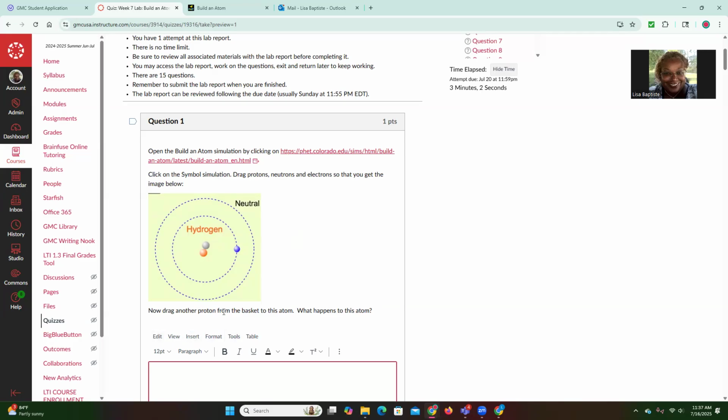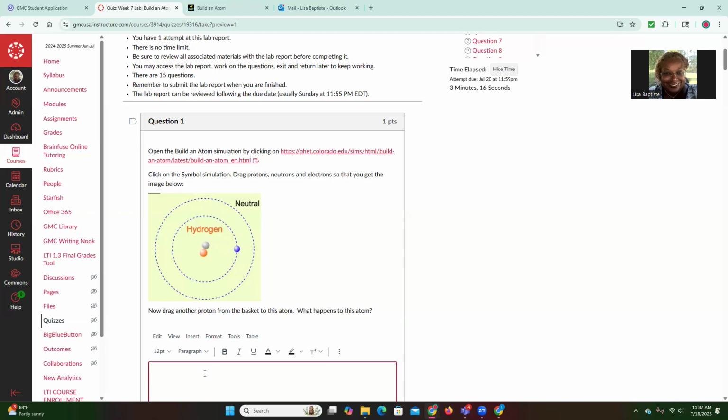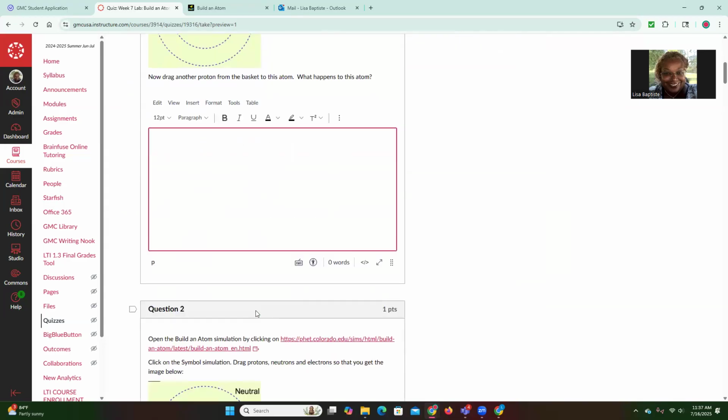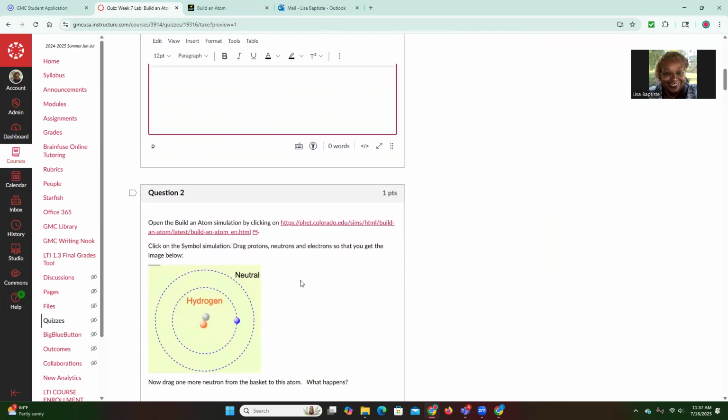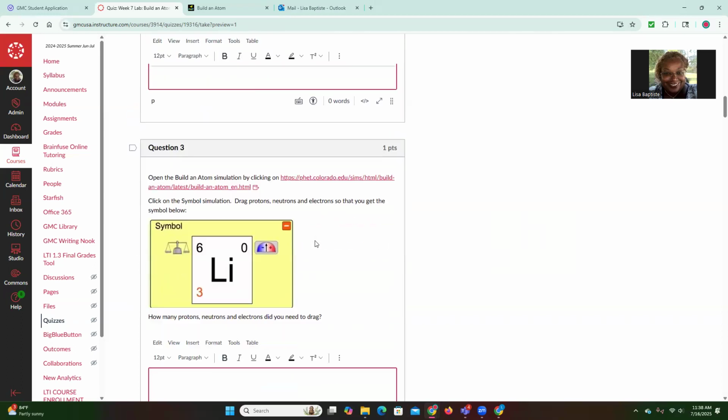It says now drag another proton from the basket to the atom. If we drag another proton, we see that it changed from hydrogen to helium, and it also has a plus ion. That's what you're going to describe in the box. Then you're going to do similar on question number 2.